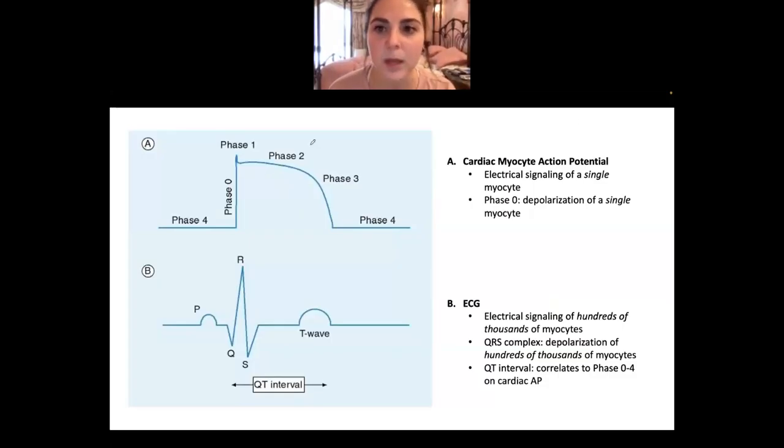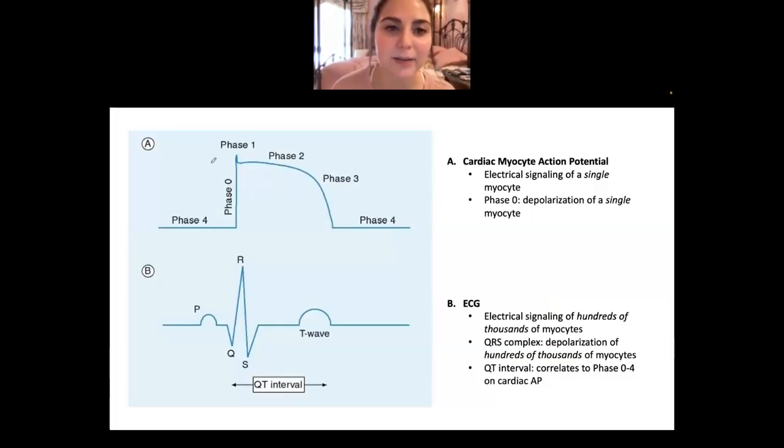You can think of this action potential as the electrical signaling of a single myocardial contractile cell. Phase 0 is depolarization of one single cell, but like I just said, it happens at the exact same time as all the other cells because of gap junctions. So it's going to happen really, really fast.